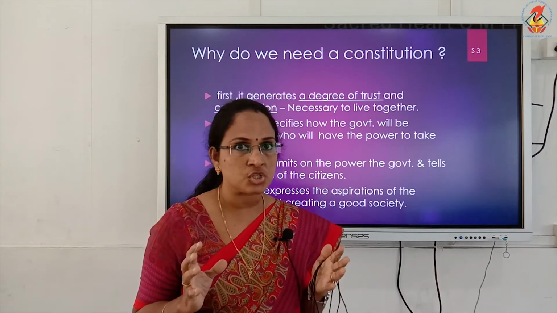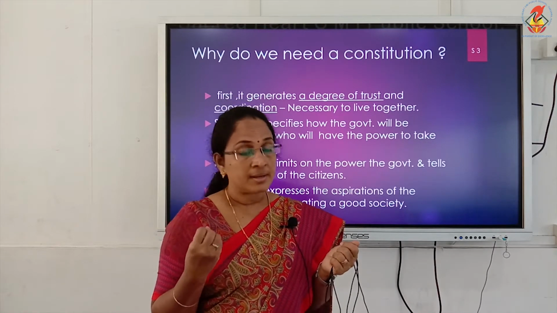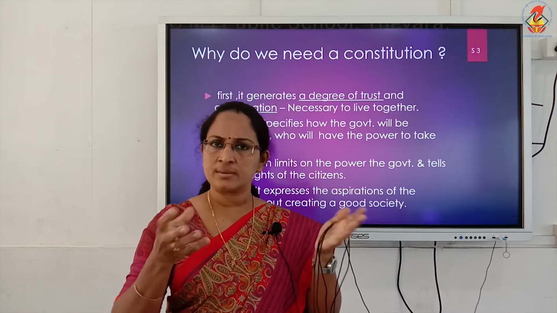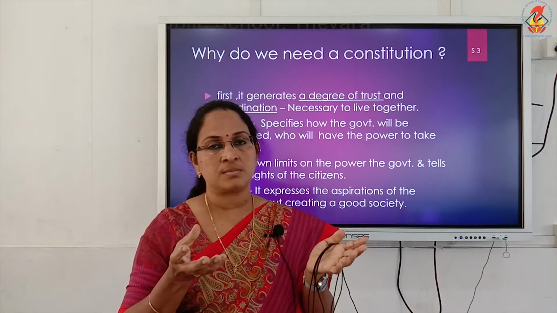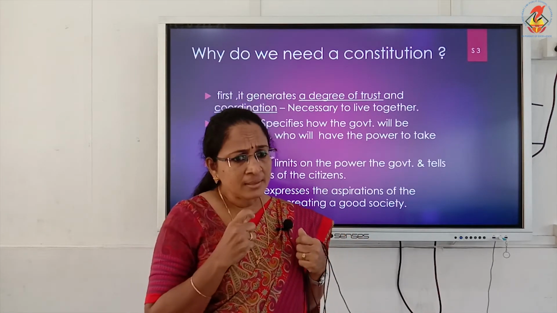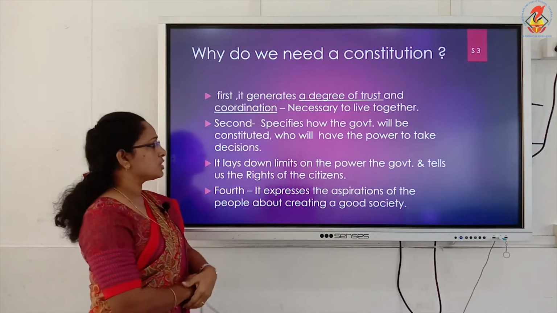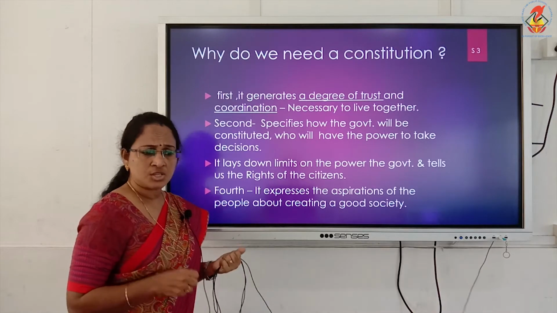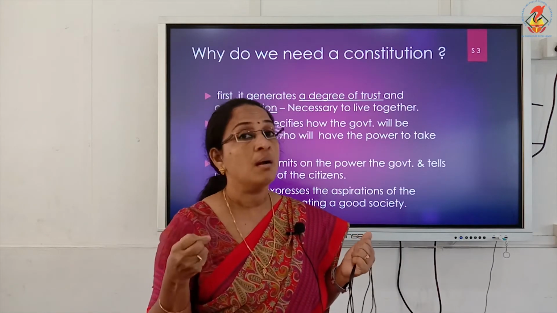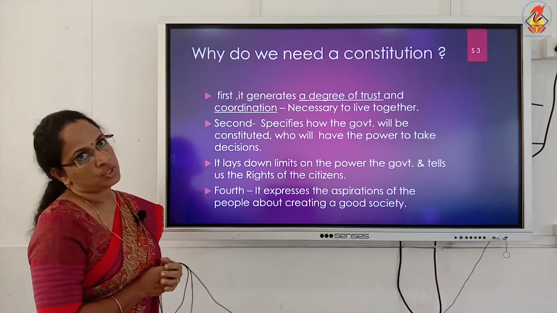We know 3 organs: legislature, executive and judiciary. How these 3 organs check the working of each other, checks and balances, and the powers. Who has the power to take decisions? Powers of the Prime Minister and Parliament, all those things are mentioned in the Constitution.